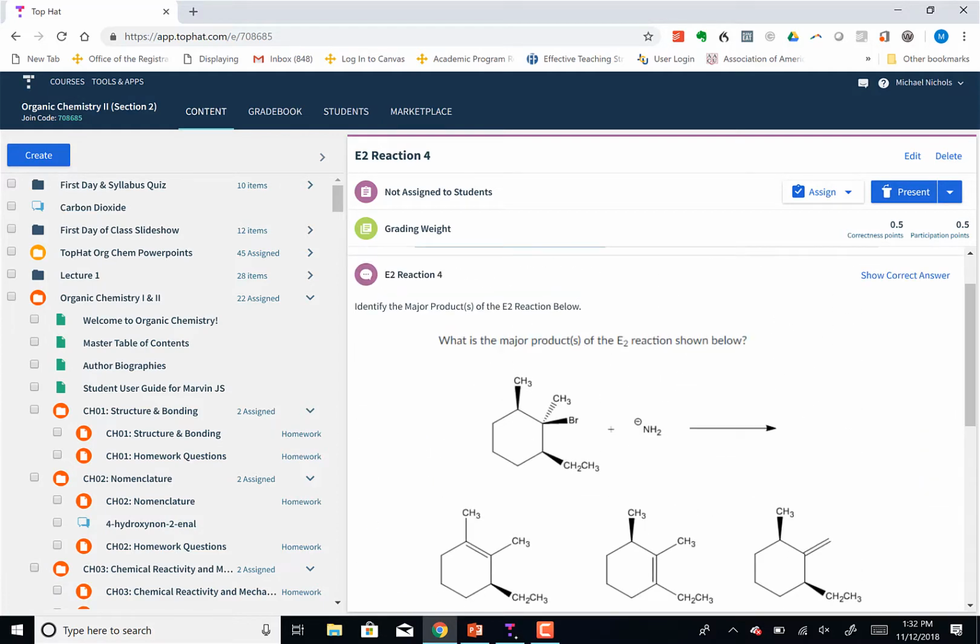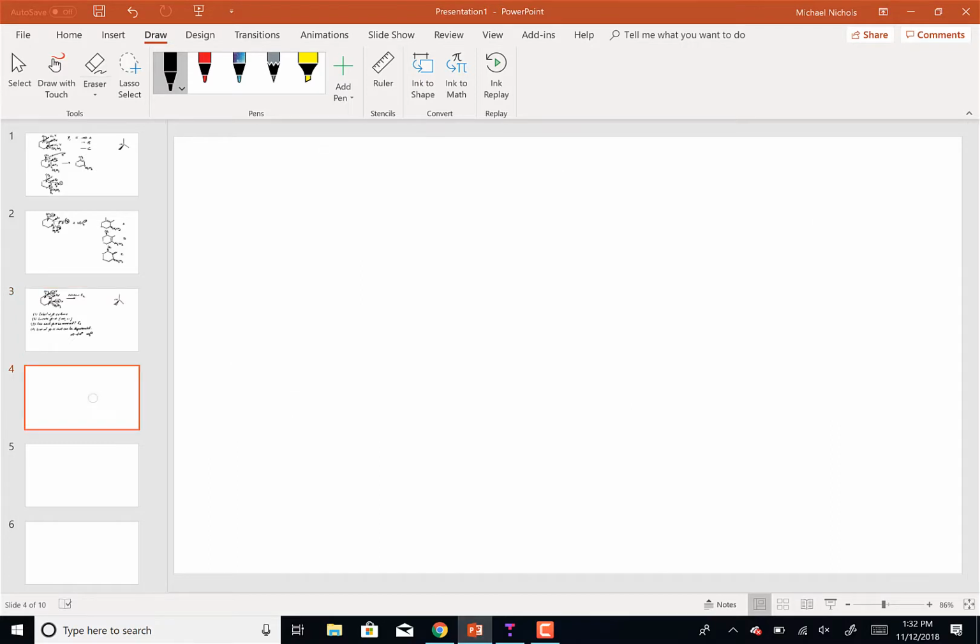Okay. Well, let's take a look at this one. So, the methyl group is bold, the bromine is bold, the ethyl group is bold, and the CH3 is on the dashed line. And we've got alpha, beta, beta, beta.